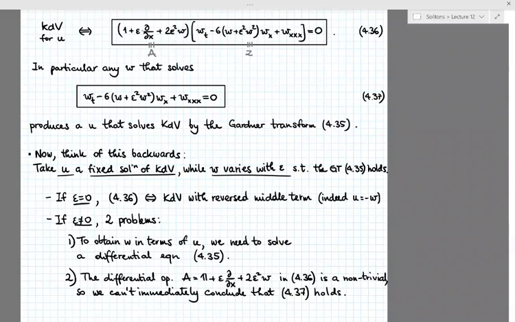And now we found that actually order by order in this formal power series in epsilon, equation 4.36 implies equation 4.37. And the intuition there is that for small epsilon, the operator A is very close to the identity operator, and therefore it's invertible. And when A is invertible, we can conclude that Z is equal to 0, and that's equation 4.37.